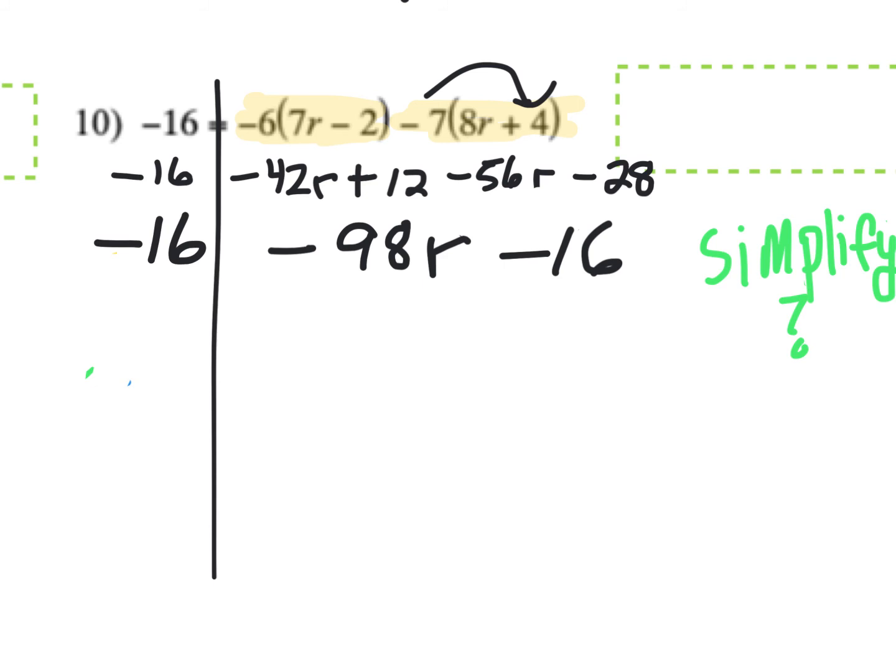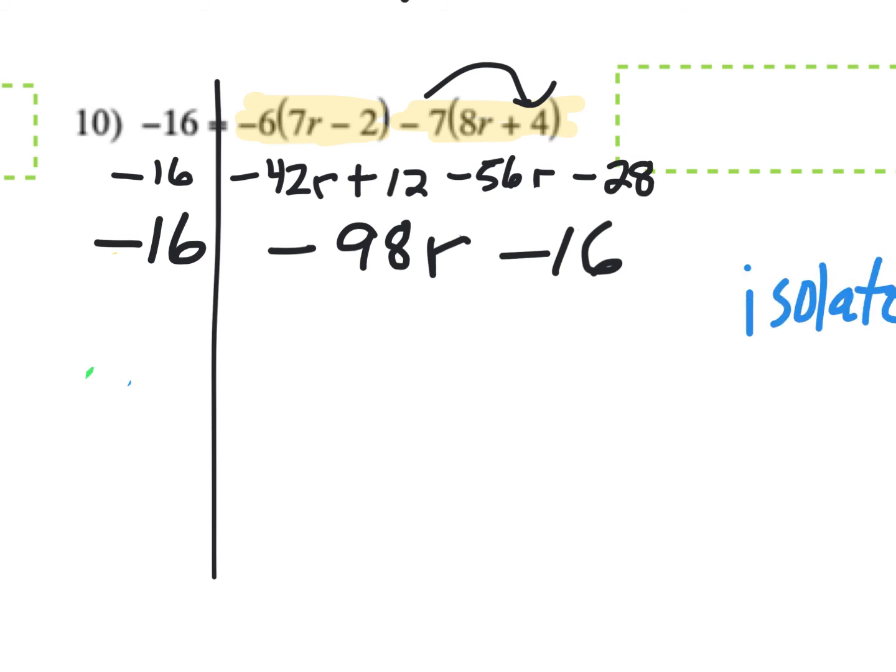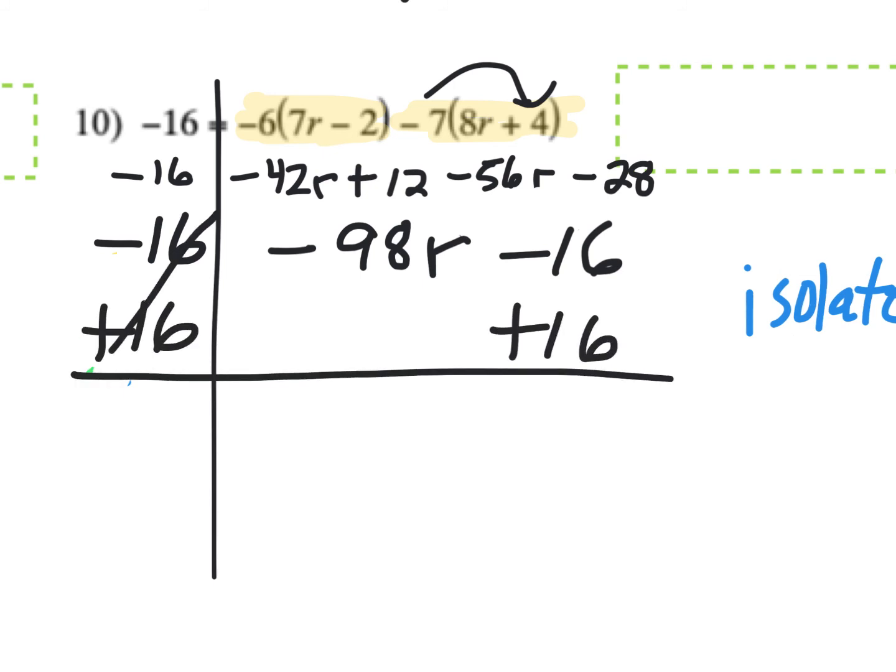So now we've put together everything that we can put together on that same side of the equal sign. So now we are just going to do step 3, which is to isolate. So to get rid of that minus 16, we're going to do a plus 16. So that cancels, leaves you with 0.